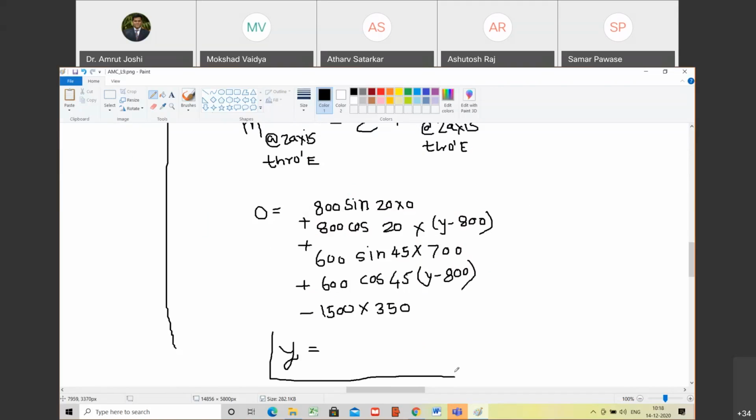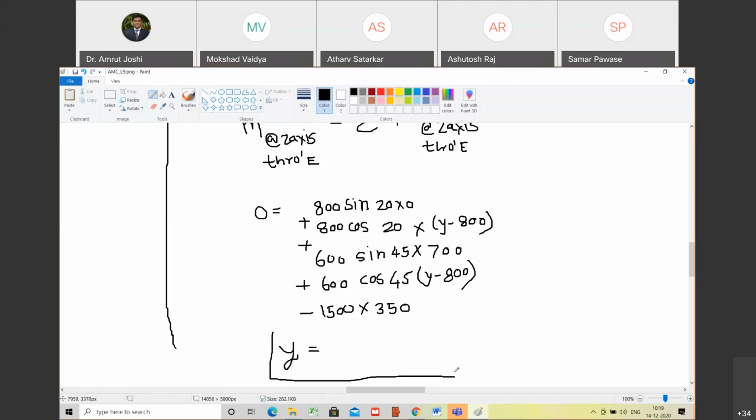Let me calculate with you. 800 cos 20 multiplied by, in bracket, y minus 800, plus 600 sine 45 into 700, plus 600 cos 45 into y minus 800, minus 1500 into 350, must be 0.